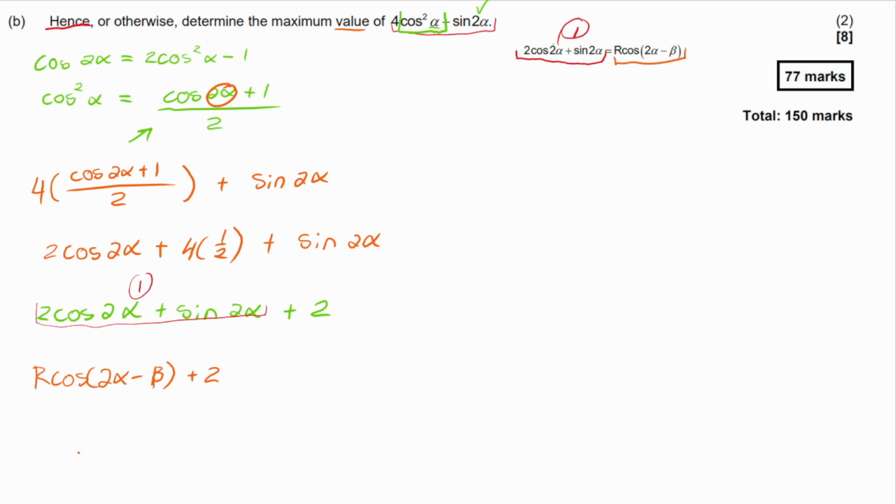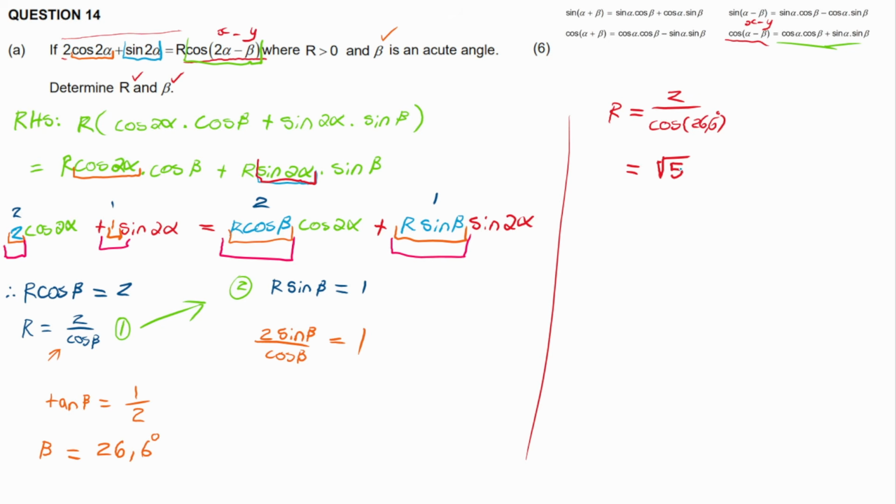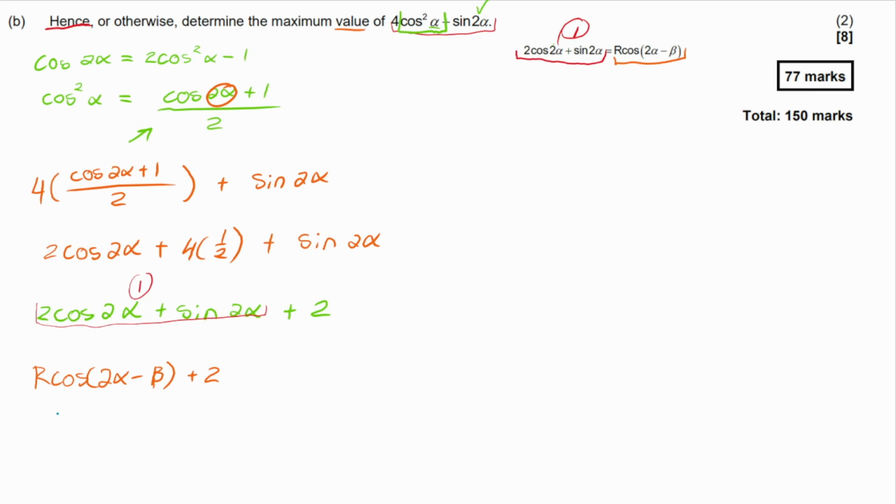But I know what my r is from my previous question. I know that r is root 5, and beta is 26.6 degrees. So I have root 5 cos of 2 alpha minus beta, plus 2.